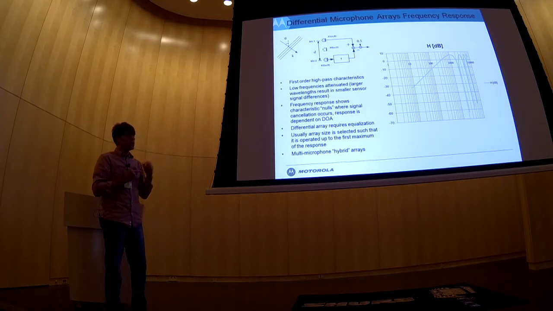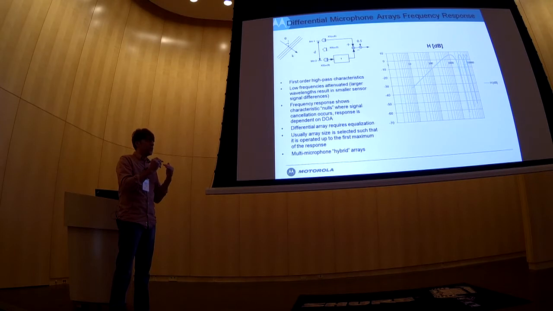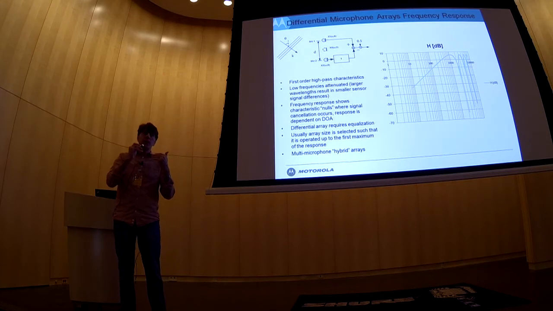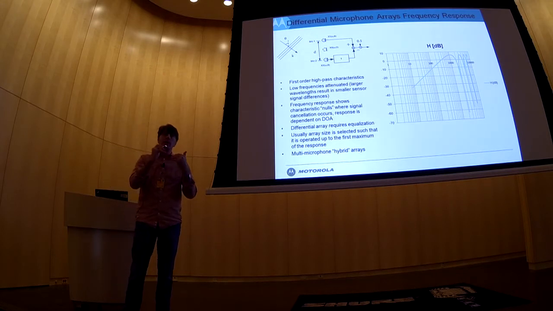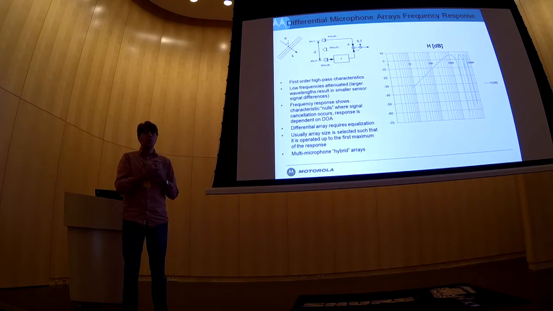But it's also easy to think about this in terms of the response of the system with respect to frequencies for which the wavelength of the signal becomes smaller than the maximum distance that we have, the physical distance between the two sensors.